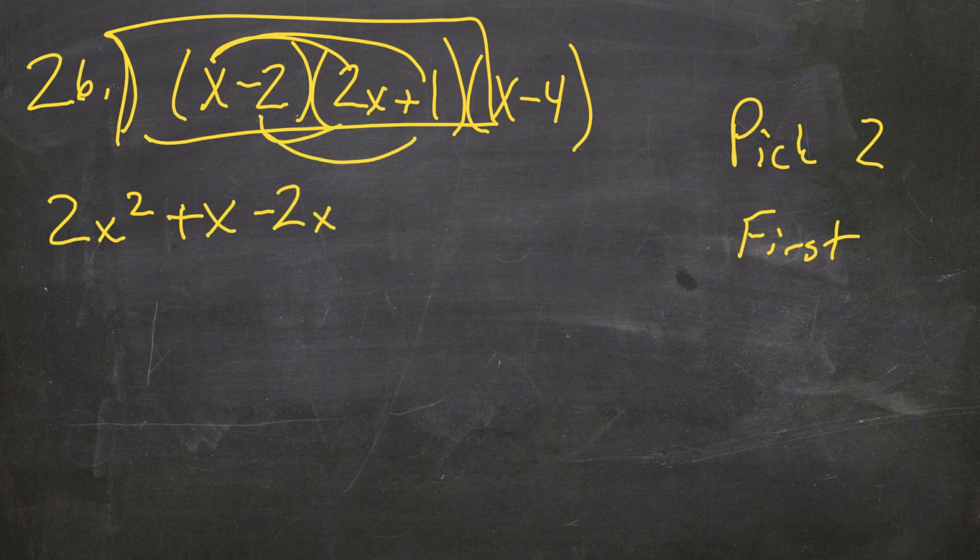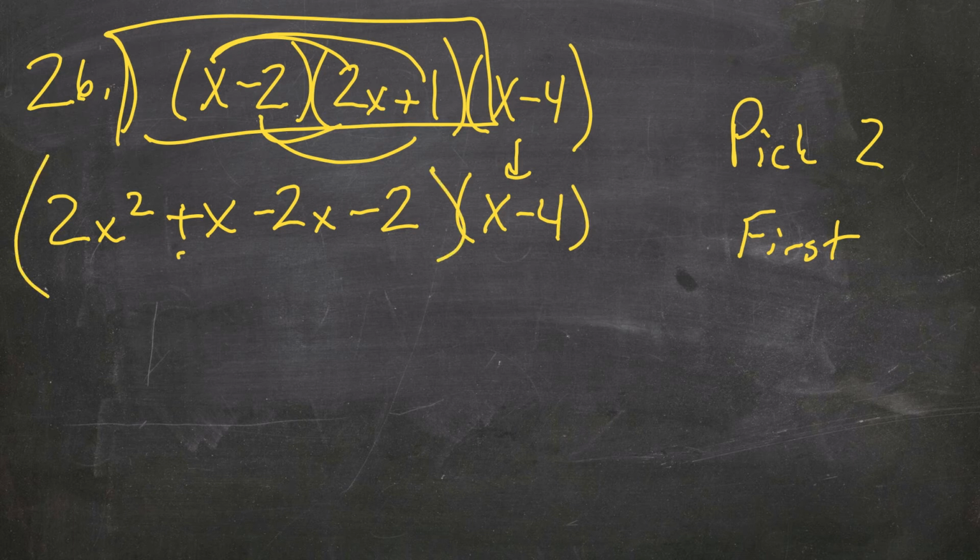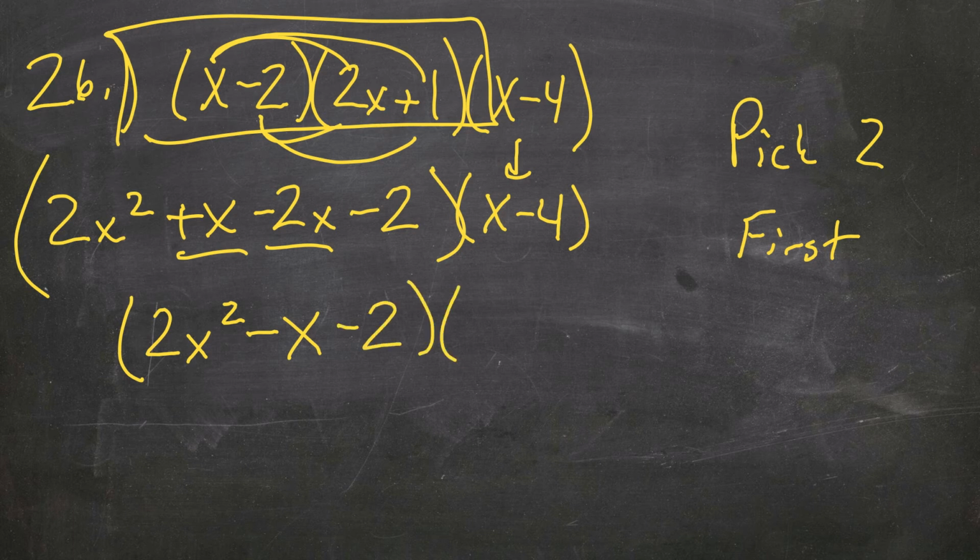Then minus 2 goes to 1 to give me minus 2. I didn't do anything with this x minus 4, so it just drops down. And technically I put everything in there in parentheses. The x and the minus 2x, those get combined. So I have 2x squared minus x minus 2, all times x minus 4.